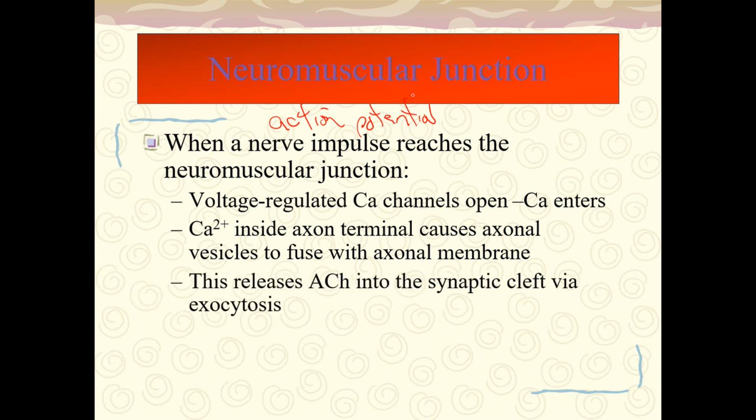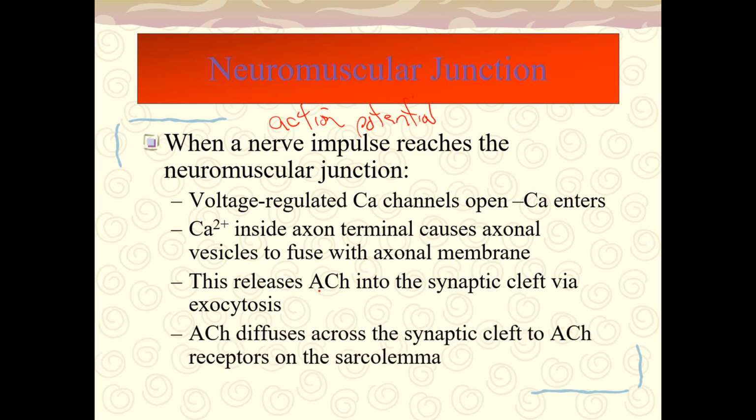The acetylcholine is then released into the synaptic cleft, diffuses across it, and binds to receptors at the motor end plate, opening those gates. We're going to talk exactly how later on, but once those gates open, that's going to trigger an action potential.